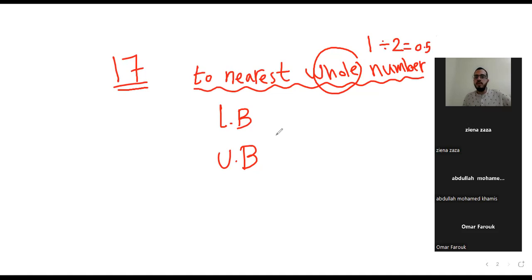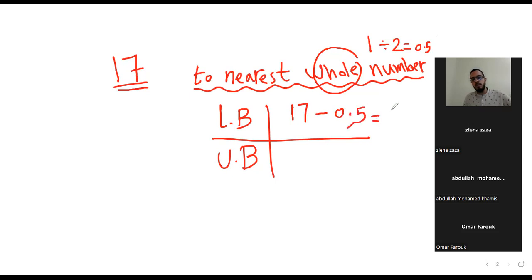What does it mean also? For the lower bound, it will be 17 minus 0.5 equals 16.5. Okay, upper bound is what? 17 plus 0.5 equals 17.5.